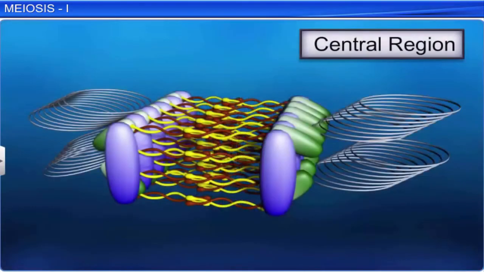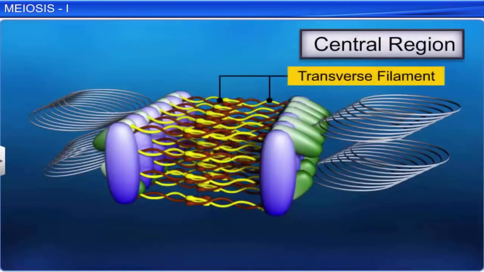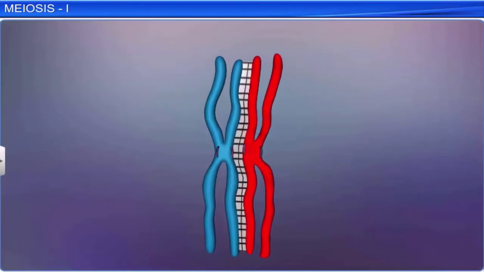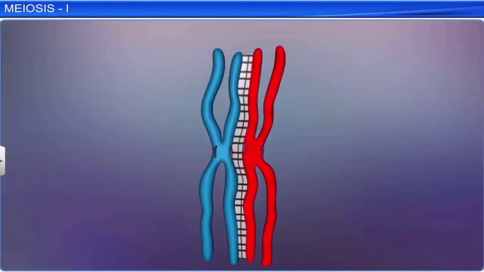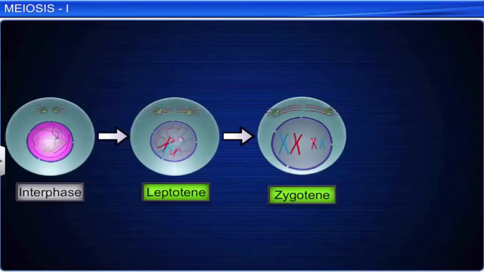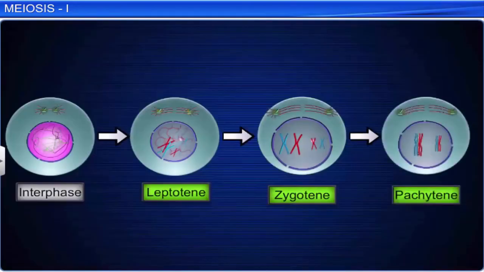This complex structure consists of a pair of synapsed homologous chromosomes called a tetrad or a bivalent. The zygotene stage is followed by the pachytene stage, during which the bivalent chromosomes are clearly visible as tetrads.